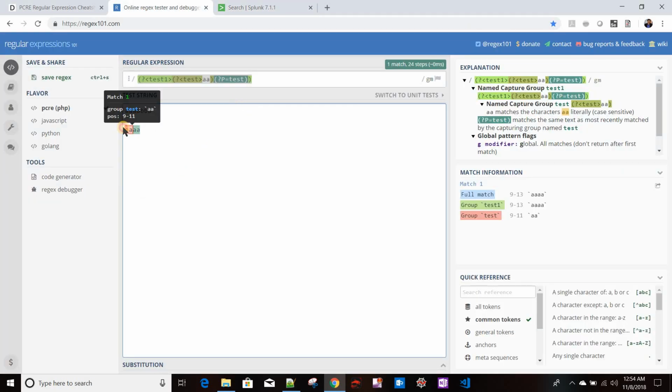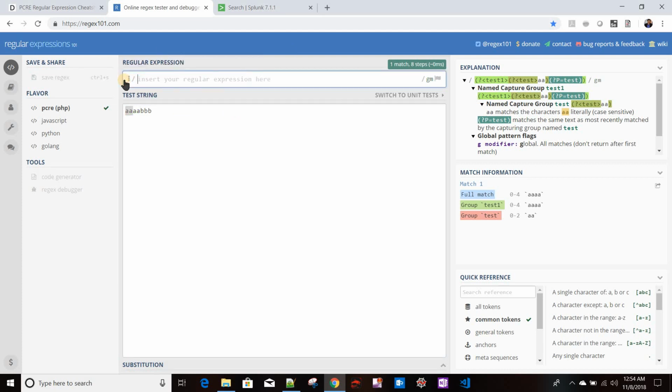Now I have this example, right? Let's say I have this example AA. What we have done is, we have created two groups here. If you see, the inside group is actually matching this AA. Now let's implement it in a different way.